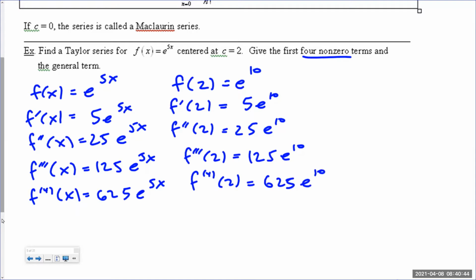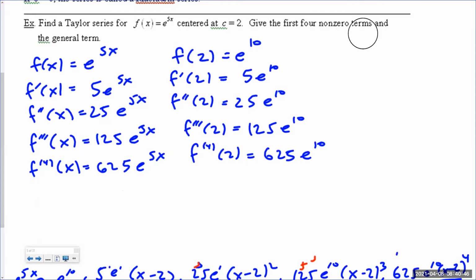Okay, we're doing the Taylor series. The center is not 0. The center is 2. Okay, so be careful. That means e to the 5x is equal to, or I'm going to say squiggly just in case I forget my plus dot dot dot. Okay, first, it's f of c, but my c is 2.